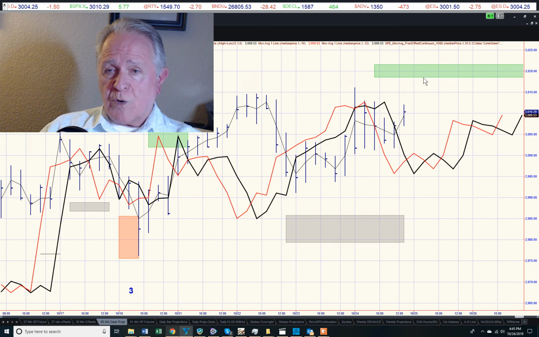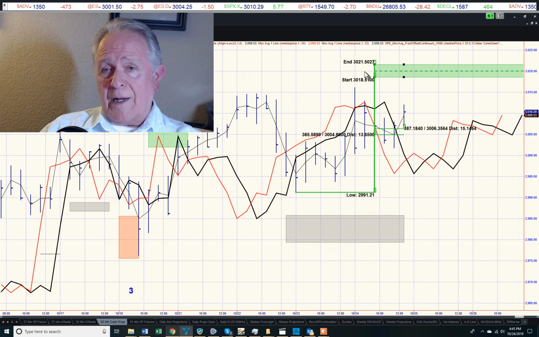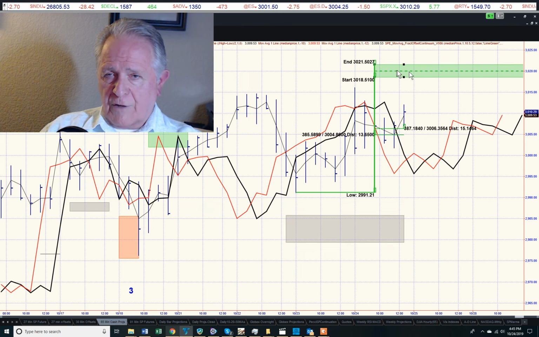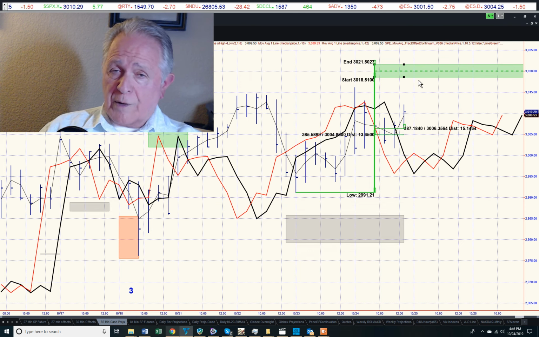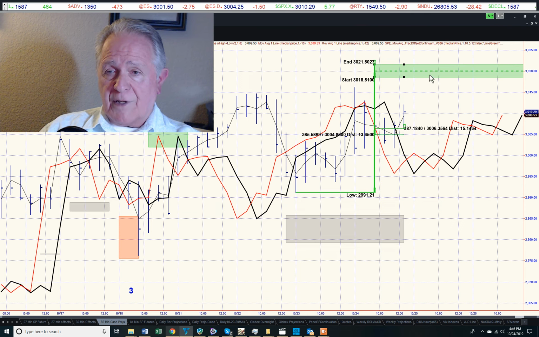We now have a short-term projection up to between 30.1851 and 30.2150. That's on the cash. These are not the futures. This is the cash S&P index. So that's what we're looking at tomorrow, and this tells us we should have a pretty good chance, very short term, of at least getting up to these levels.